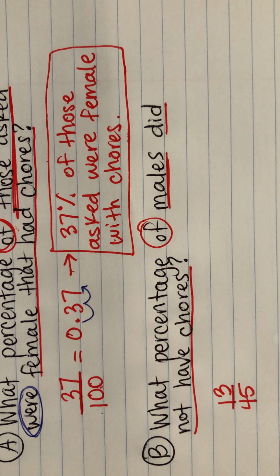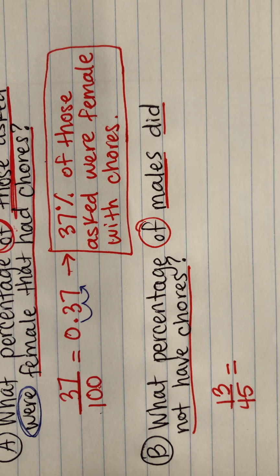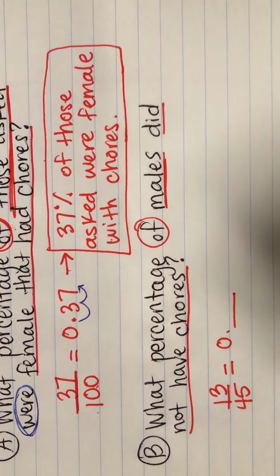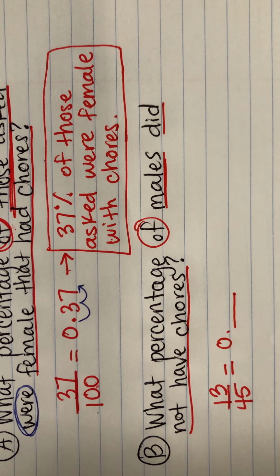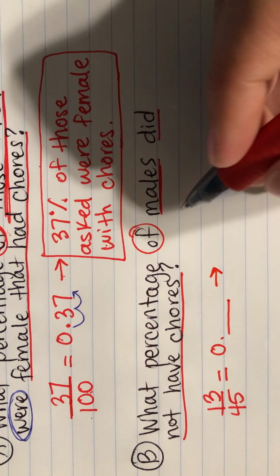Now we divide 13 by 45 to get our decimal. You should get 0 point something. Go ahead and try that on your calculators and then convert that into a percent.